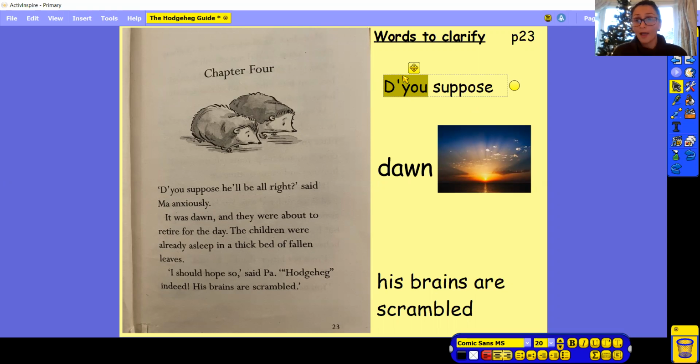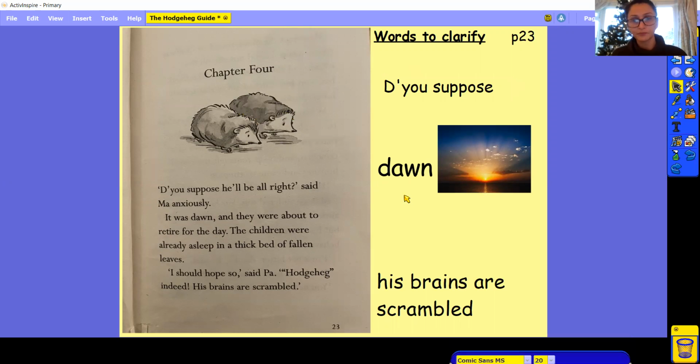Basically, it's a way of slang talk. It's not proper written language, it's how we speak. It's just a way of speaking. So if you do see that anywhere throughout the text, that's what it's saying: instead of saying "do you suppose", it's a contracted form.